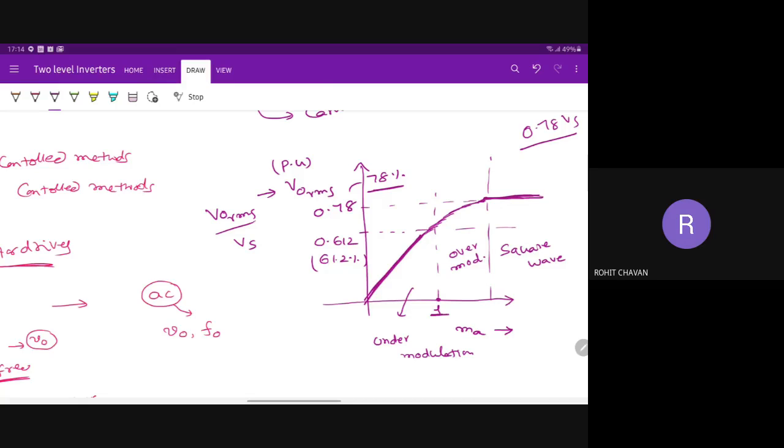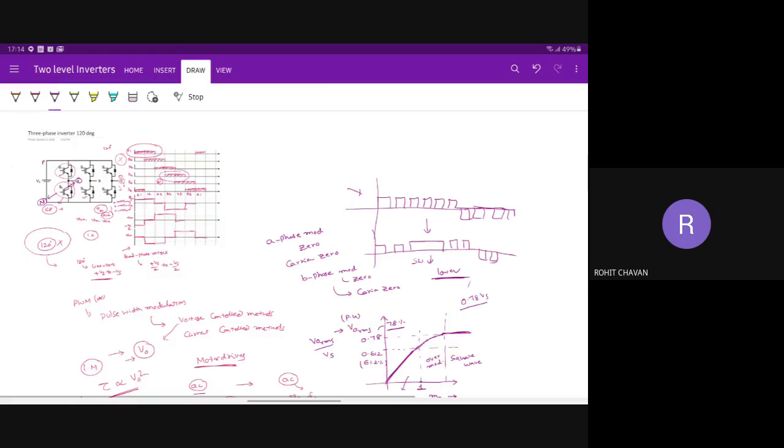Clear? So that means when the inverter is operating in a square wave, we discussed that this is the square wave operation, right?